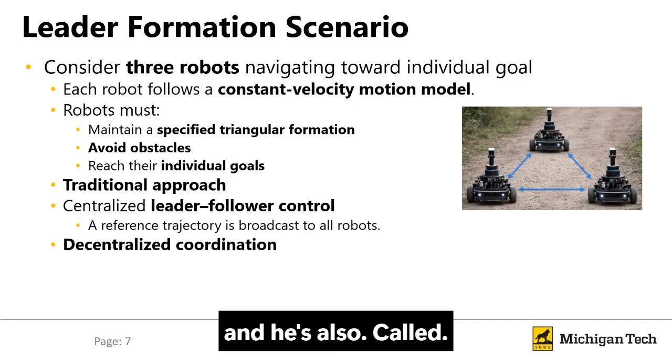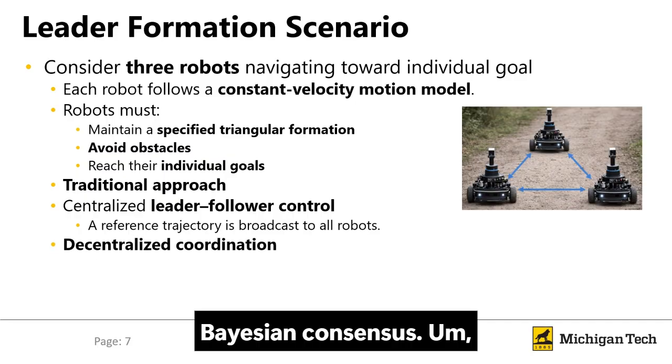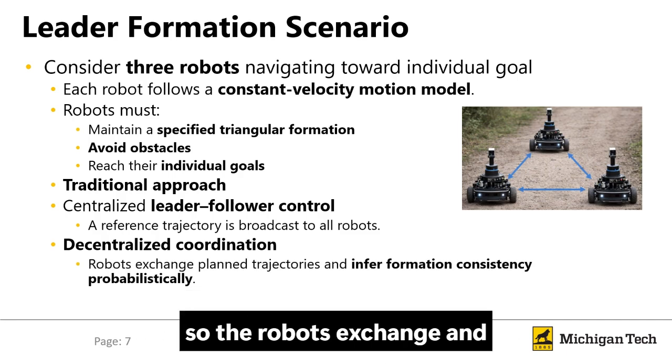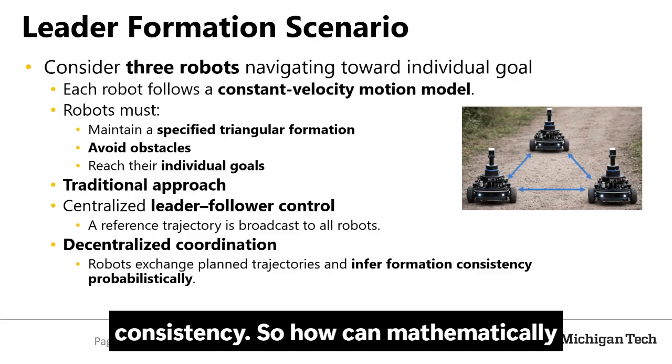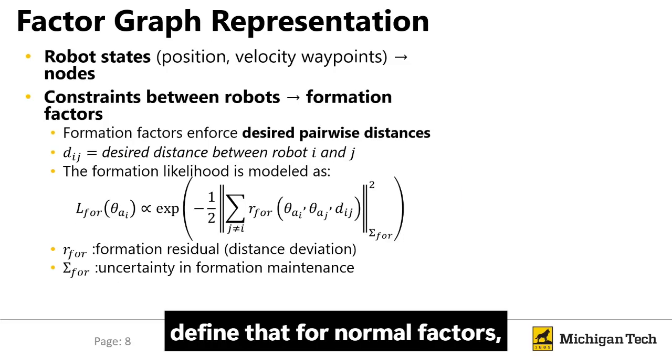It's also called Bayesian consensus. So robots exchange trajectories and infer formation consistently.